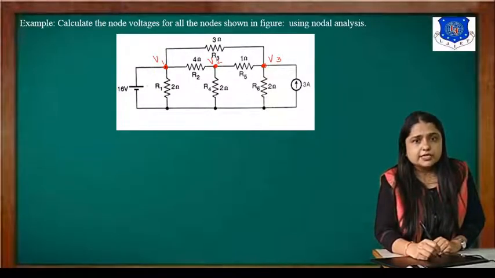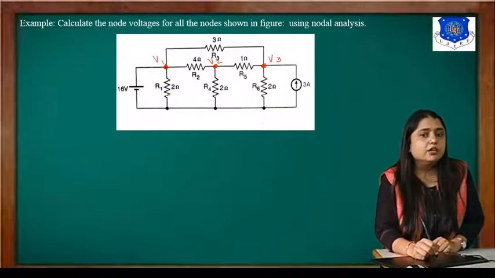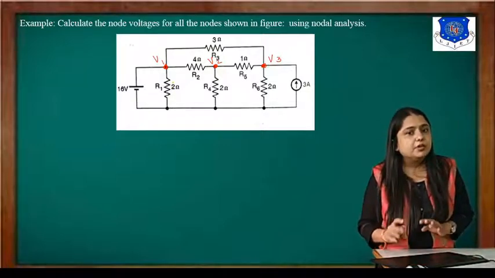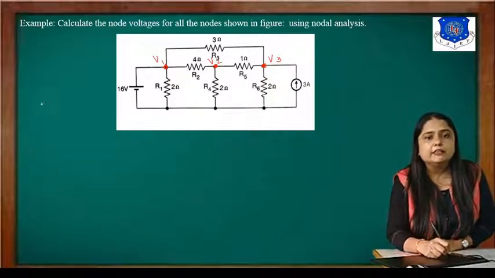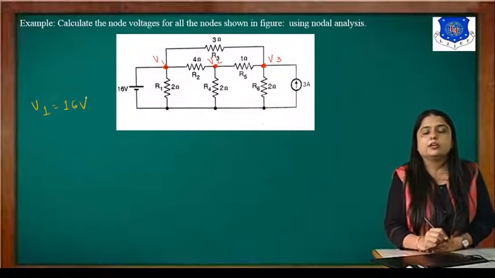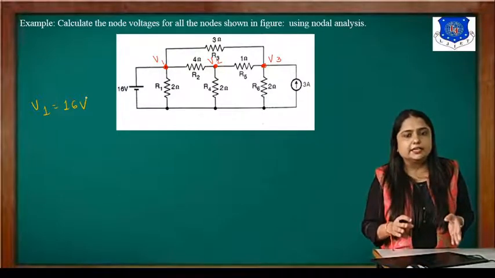Now, the 16 volt source is in parallel connection with R1, and we know that in parallel the voltage drop remains the same. So directly we can say that V1 equals 16 volt, because the 16 volt source and R1 are connected in parallel.